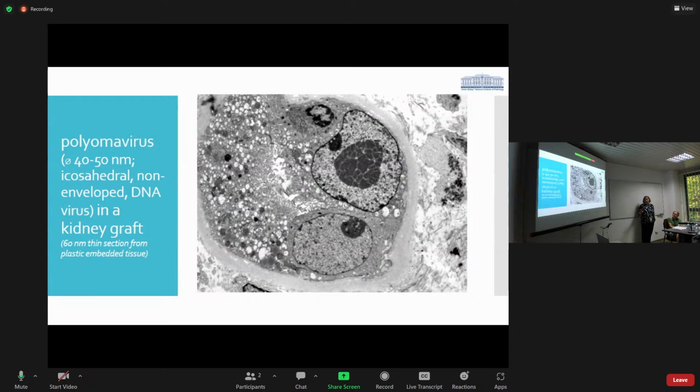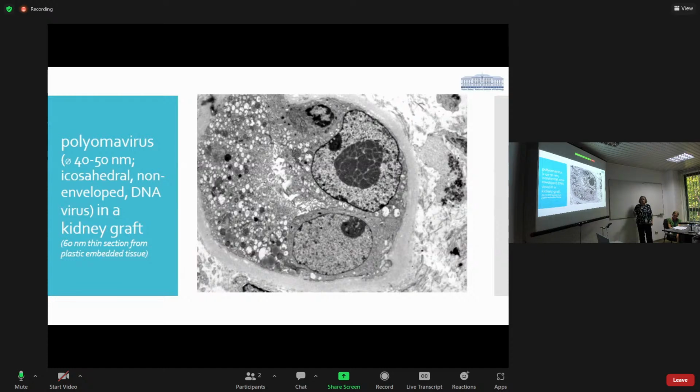We work with kidney diseases, and sometimes we have kidney transplant biopsies, and transplant biopsies involve some immunosuppression, and these patients have a compromised immune system, and sometimes infectious agents could develop in their kidney.